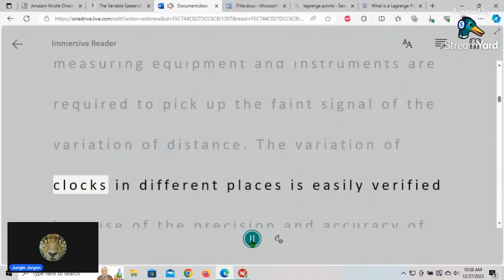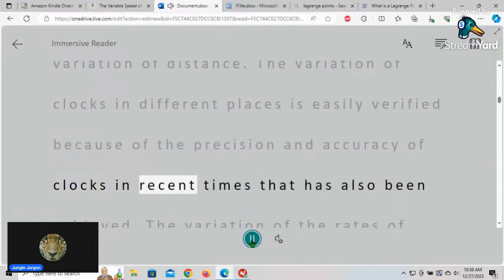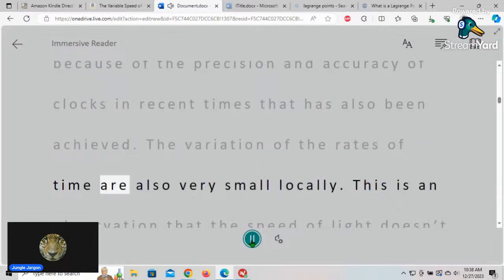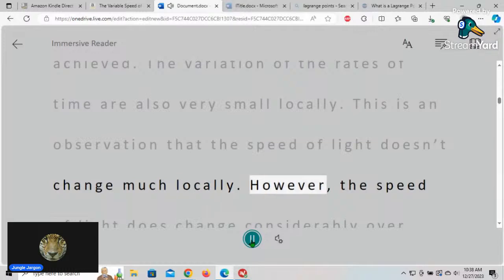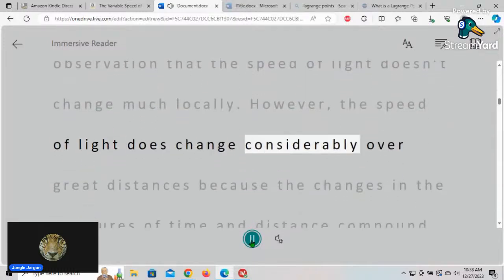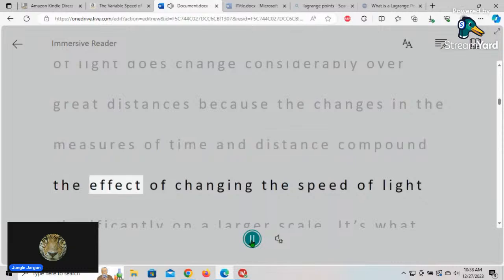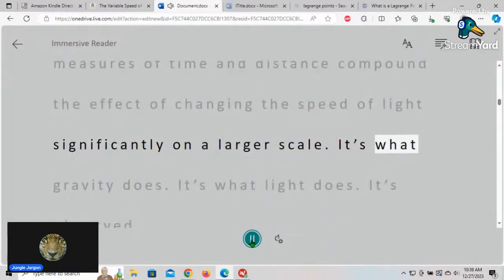The variation of clocks in different places is easily verified because of the precision and accuracy of clocks in recent times that has also been achieved. The variation of the rates of time are also very small locally. This is an observation that the speed of light doesn't change much locally. However, the speed of light does change considerably over great distances because the changes in the measures of time and distance compound the effect of changing the speed of light significantly on a larger scale. It's what gravity does.